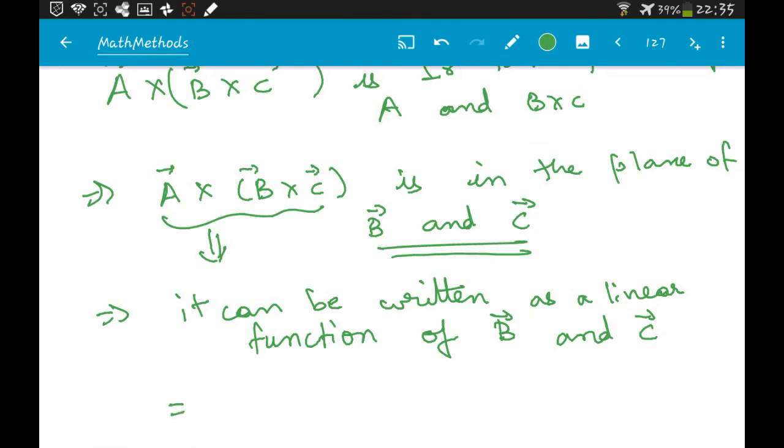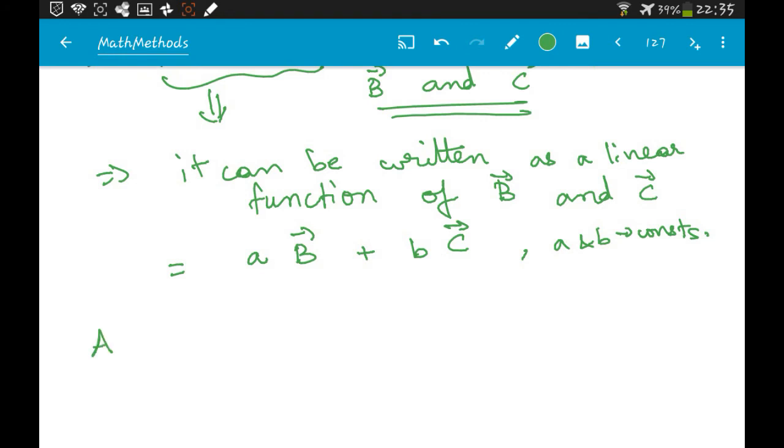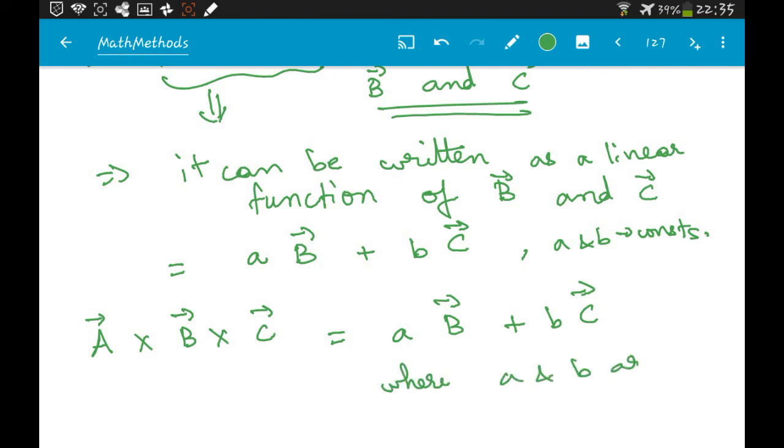It means it can be written as some constant times B plus some other constant times C. So essentially what we are saying is that A cross B cross C can be written as a times B plus b times C, where a and b are constants.